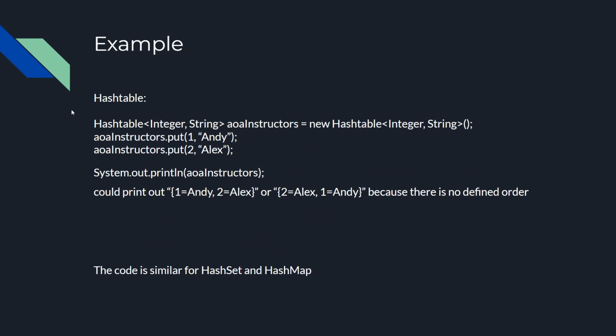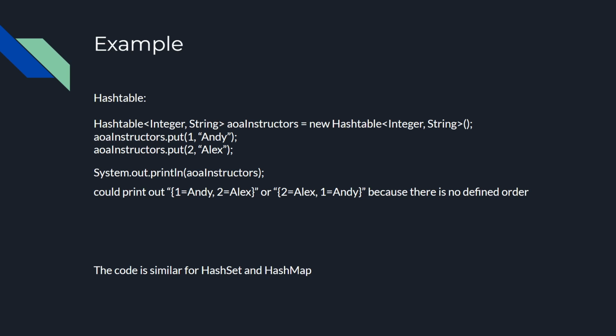Finally, we have an example here of how to implement a hash table in Java. First, you follow this format of declaring your hash table, and then you can start putting items into the hash table. Now, this is what's really interesting. When you print out the hash table, there are two possible results because a hash table, along with hash sets and hash maps, do not have any set order in which the data is stored or printed out.